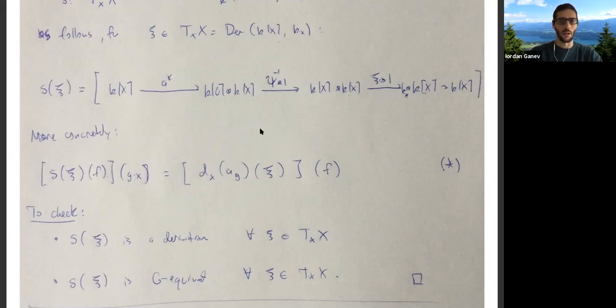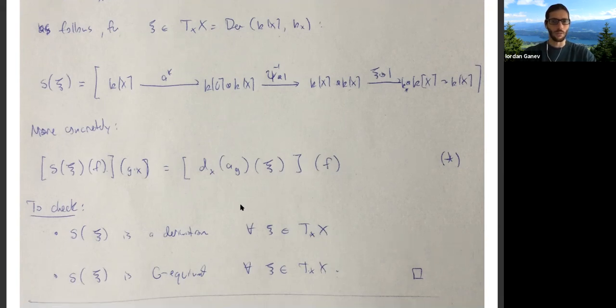That's also not too bad, because it basically follows from part one, since we defined this vector field so that the identity in the first part of the proposition is true. And it was if and only if, so it must be G equivariant by definition, pretty much. So that's this result.